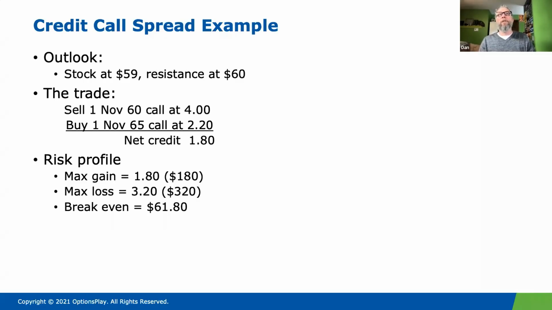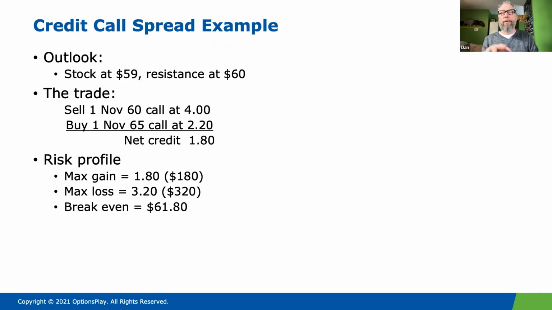So we're selling one of these calls at $4 a share and buying the other one at $2.20 a share. We collect $4, we pay $2.20, we're collecting a net credit of $1.80. Now that's $1.80 a share with options listed on the US exchanges anyway.